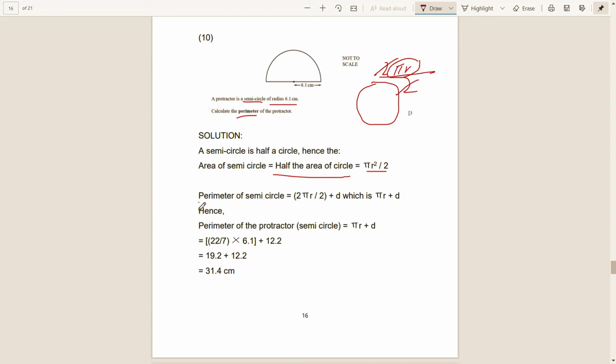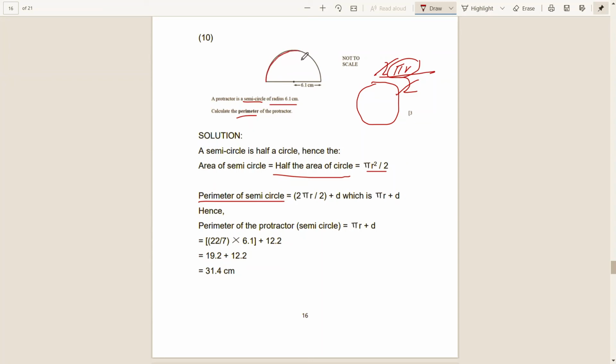But what's the perimeter of semicircle? Circumference of a semicircle and perimeter of a semicircle are two different things. If we talk about circumference of a semicircle, it's pi r. If we talk about perimeter of a semicircle, it's pi r plus d. What is d? Because we are talking about sum of boundaries.